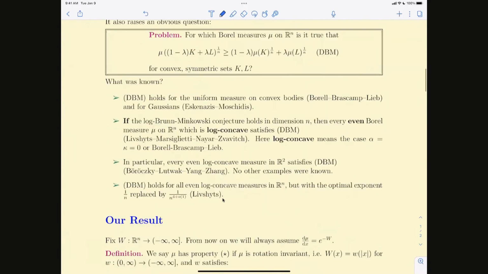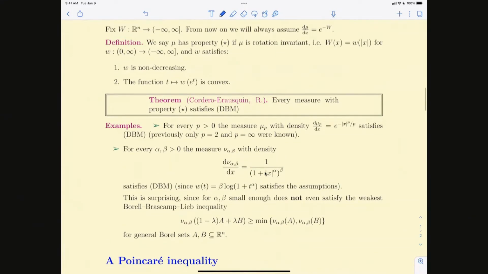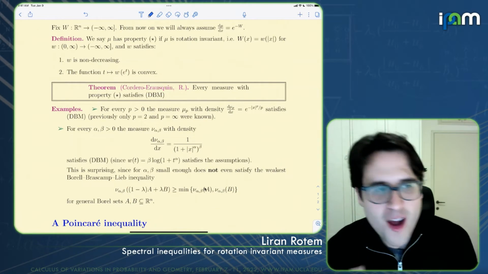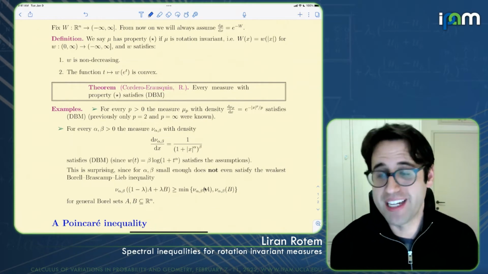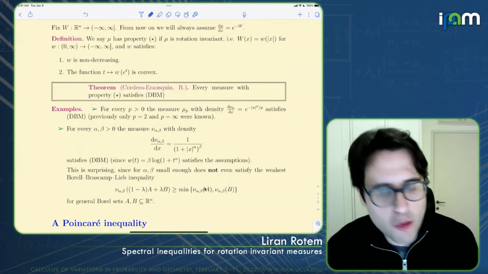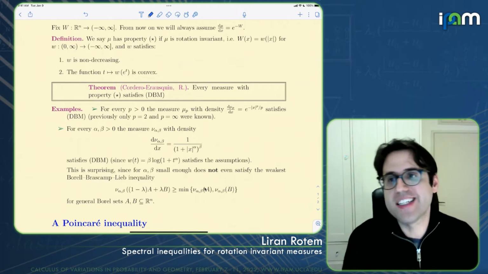If I take these parameters, alpha and beta here, to be small enough, then these measures don't satisfy even the weakest possible Borell-Brunn-Minkowski inequality if I plug in general Borel sets. So it's a bit surprising that if you plug in convex symmetric sets, all of a sudden you get the optimal result, the optimal exponent. But this is true, so this is our result. This is our geometric result.